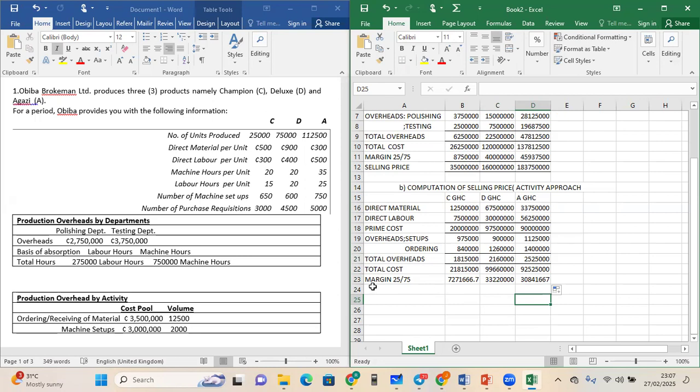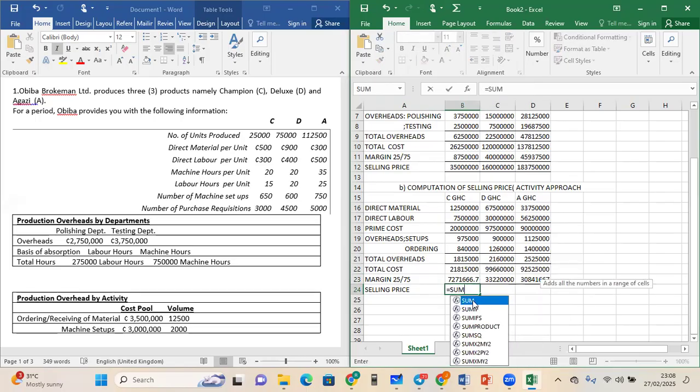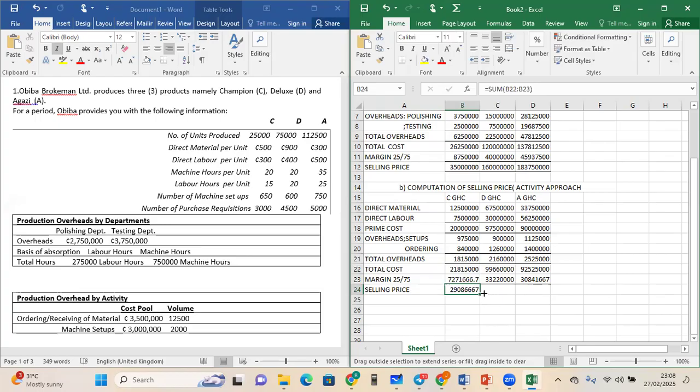Now margin plus total cost is going to give us the selling price. I just added the total cost to the margin to get the selling price.